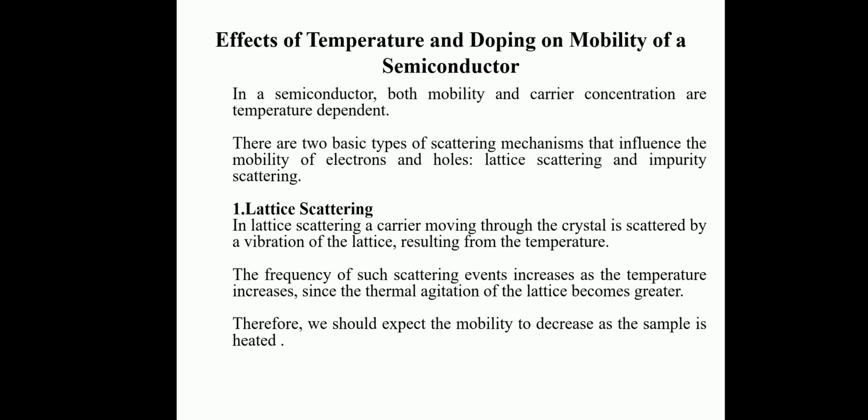There are different types of scattering mechanisms, but these two are the basic ones. Scattering means that due to lattice defects or collisions, the electrons are scattered.